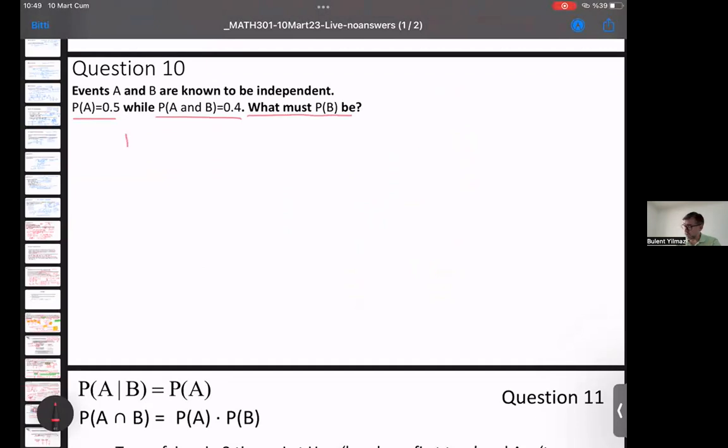So what was the probability of A and B? It was probability of A times probability of B. So if this is 0.4 and this is 0.5, this is X, X will be 0.4 over 0.5, which is going to be 0.8, which is probability of B.